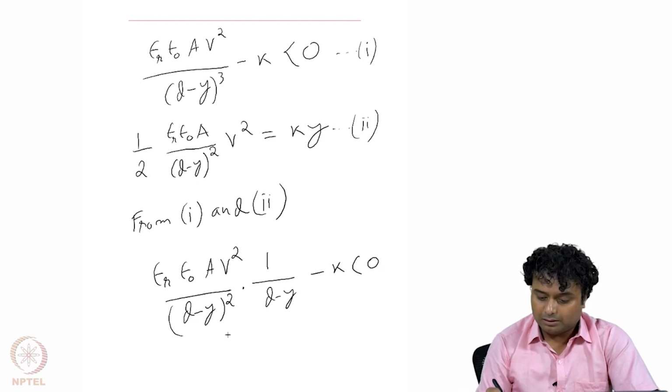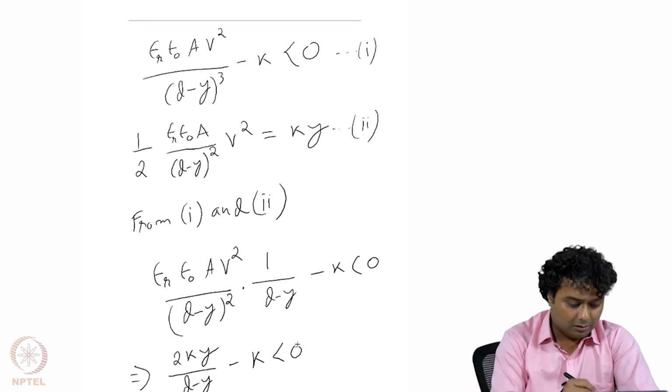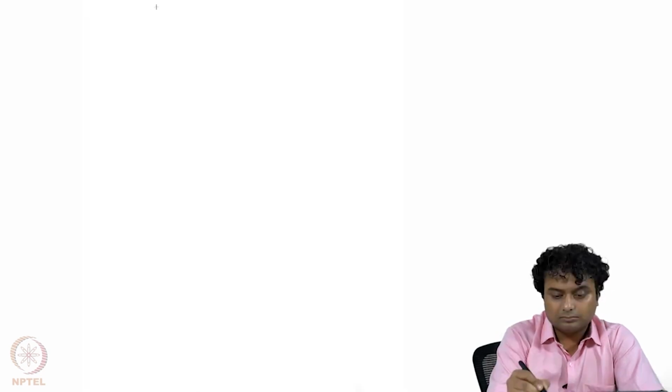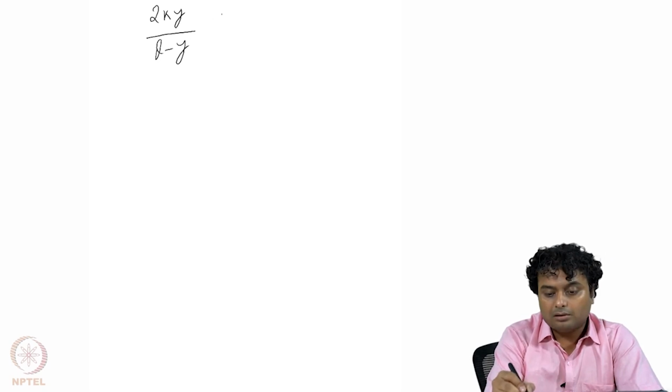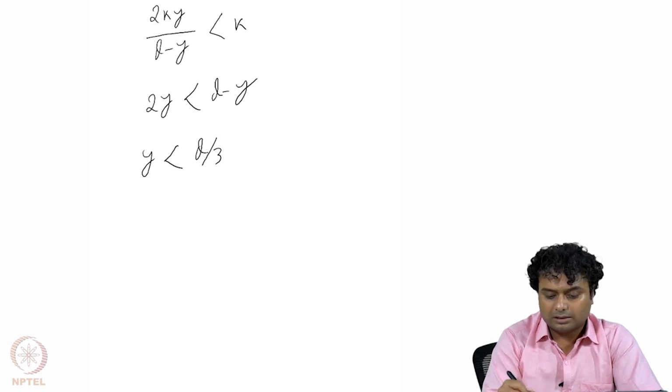Now this term is 2ky, so 2ky divided by (d minus y) minus k is less than 0, or 2ky divided by (d minus y) is less than k, or 2y is less than d minus y, or y is less than or equal to d by 3.